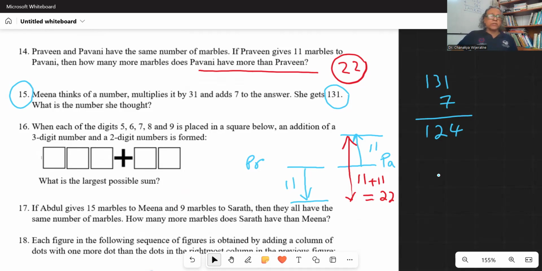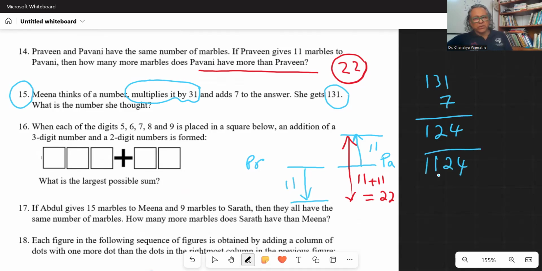Now, to get back to the number she thought at the beginning, we need to reverse engineer, right? This is multiplied by 31, so we divide by 31 to find what she thought. So can we divide this by 31? It looks like, because there's a 4 here and a 1, what if you multiply this by 4?